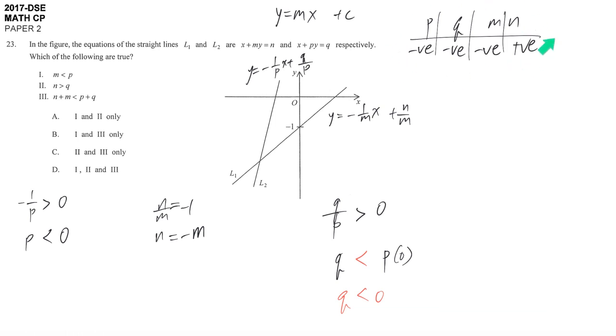We know all the unknown signs, then we can check the condition about M and P. So we try to consider their slope. It's obvious that slope 2 is larger than slope 1. So slope 2, negative 1 over P, should be larger than negative 1 over M. Both sides times negative, the direction changes.